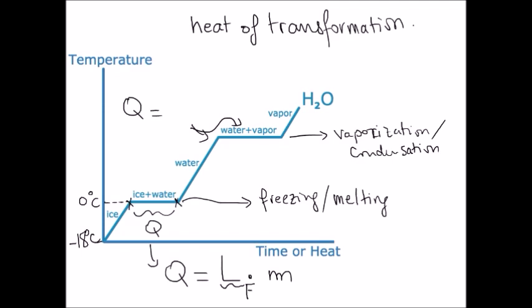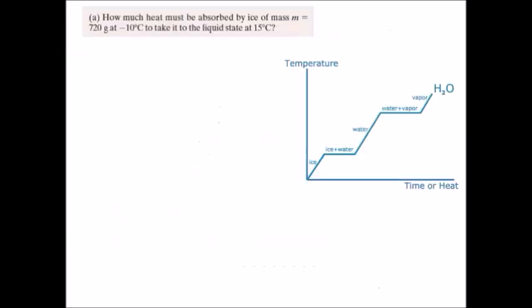Here, L of vaporization times the mass. What is the mass? Let's say I'm going from ice and I melt ice. What is M? That's the mass of ice that melts. So in general, M is the mass of the object that transforms. So with this, we know everything about heat for solid and liquid, and we can start our problems.